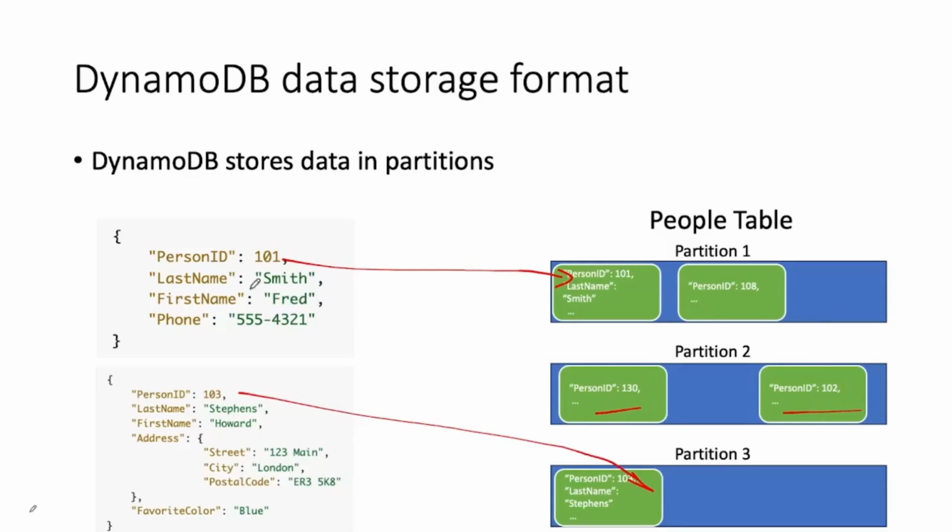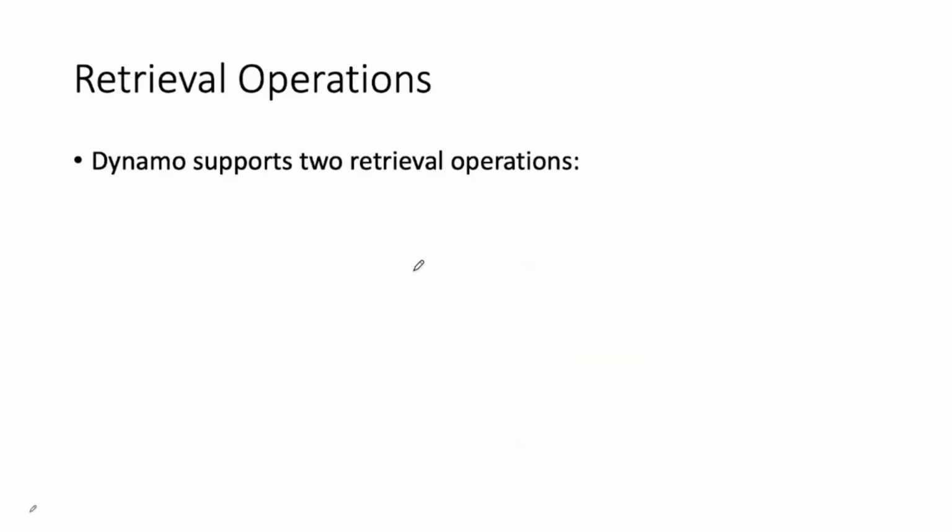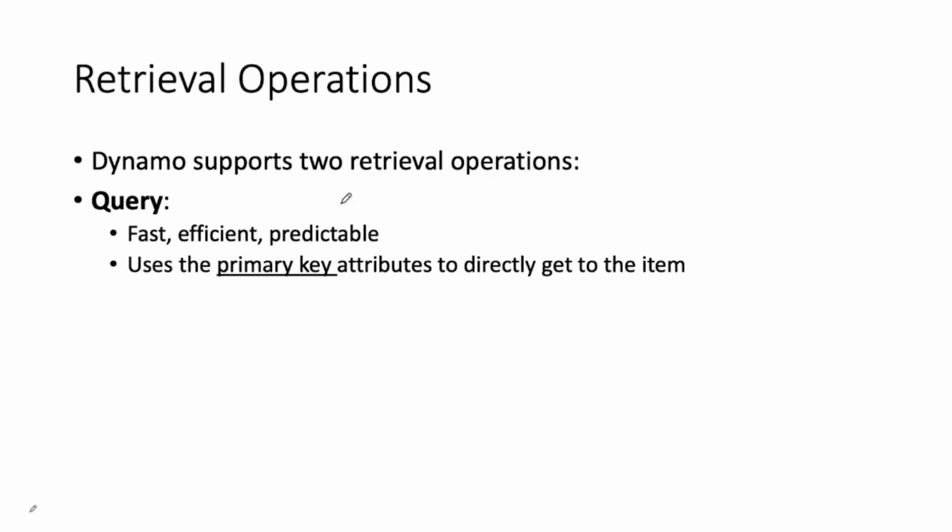DynamoDB uses the primary key to get to the partition and the item. You will see more of this in the upcoming slides. Also, I want to mention the two retrieval operations supported by DynamoDB. Number one is the query operation, which is the faster, efficient operation which uses the primary key.